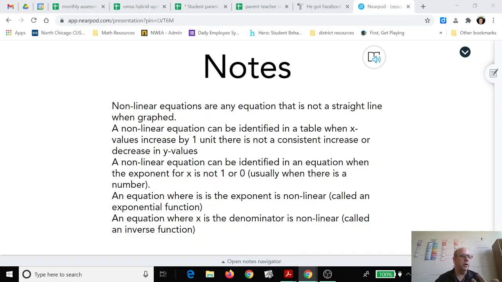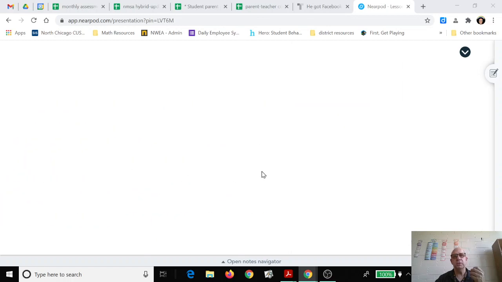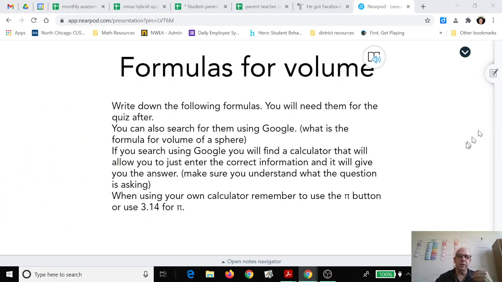And then there's one new thing. So we're going to do volume formulas. And I'm not worried about this. It's really easy. Okay. So write down the formulas because you'll need them for the quiz. Remember, pi is this weird shape here, and it's 3.14. But formulas are super easy.